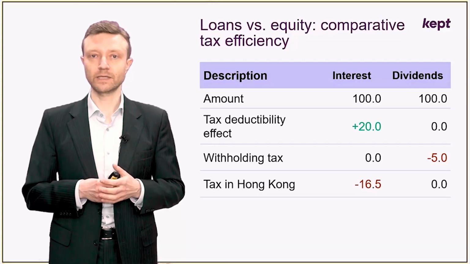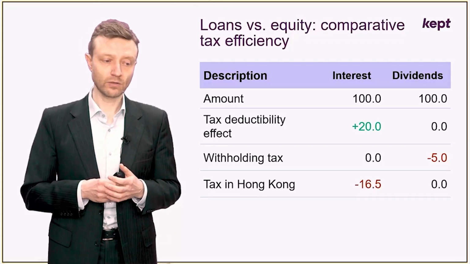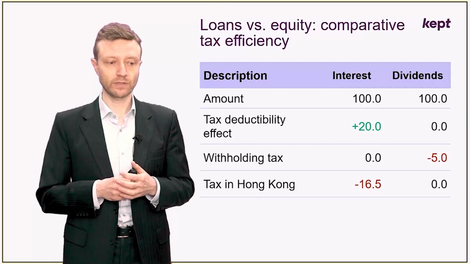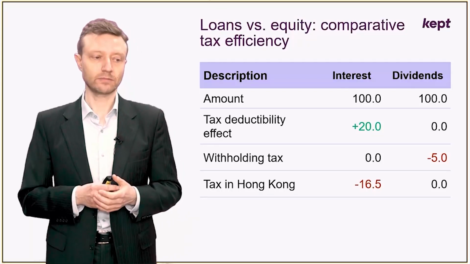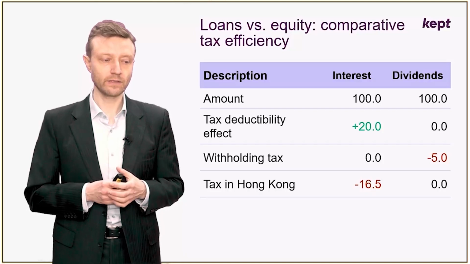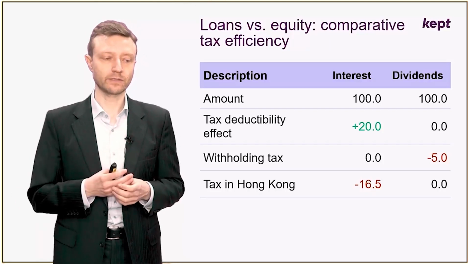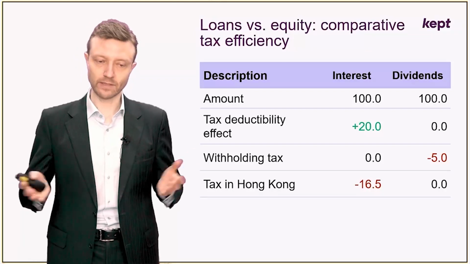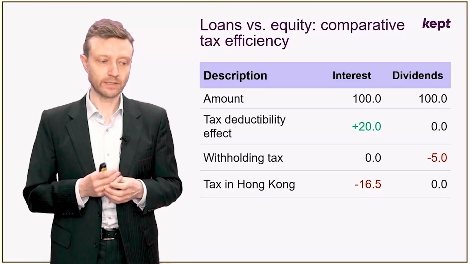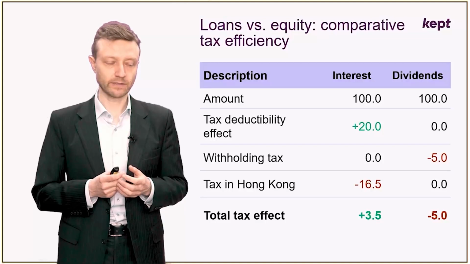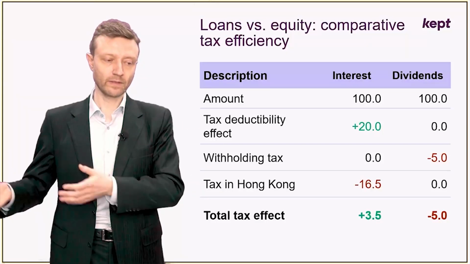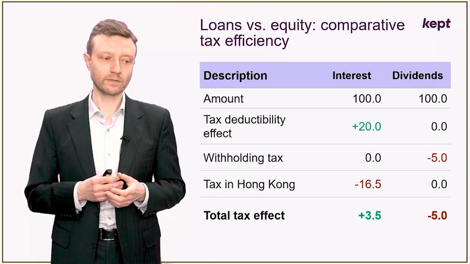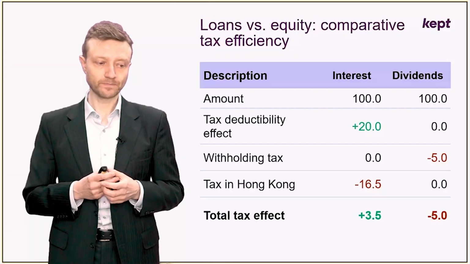Then let's imagine that in Hong Kong, for some reason, interest is taxed because it was structured in a way that it falls under taxation rules, while dividends are exempt. Let's just imagine that this is the case, and still the overall tax effect is in favor of interest, although interest should be taxed in Hong Kong in this example.